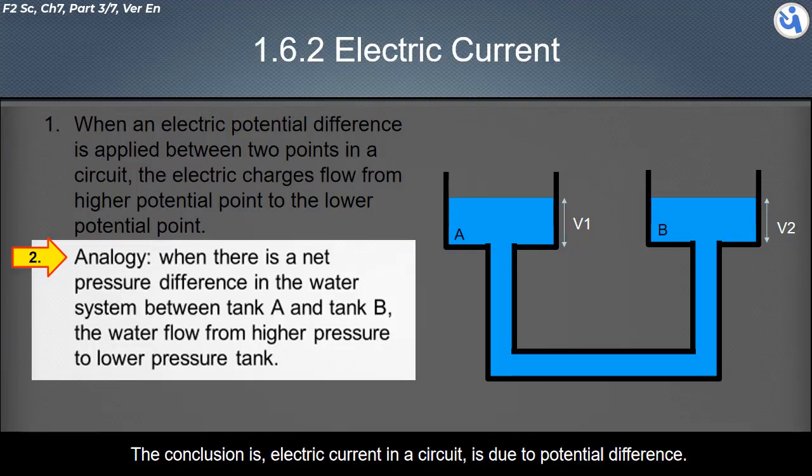The conclusion is, electric current in a circuit is due to potential difference, and the water flow in a water system is due to the water pressure.